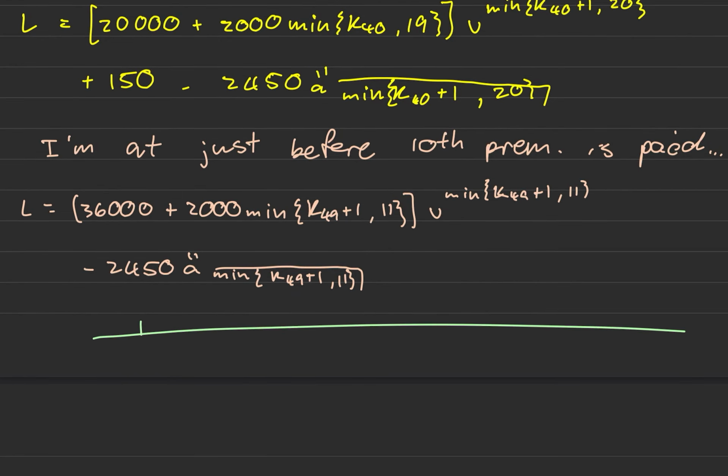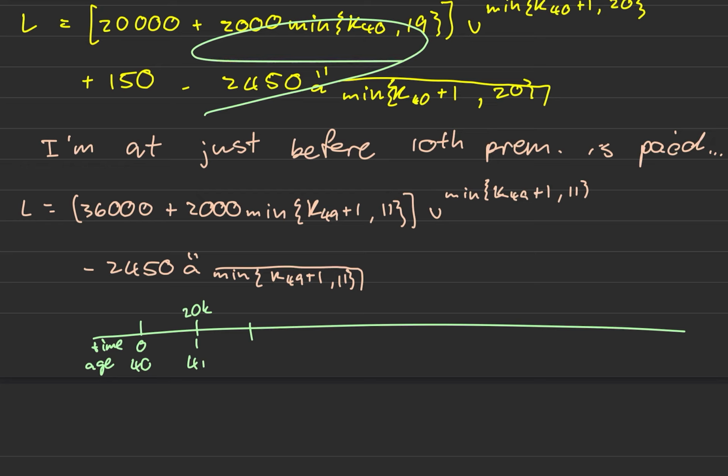Alright, so here's the start of the contract, time 0, age 40. Then at time 1, age 41. Here, if they get paid, they'll get paid 20k. We decided that was true when I explained this formula.